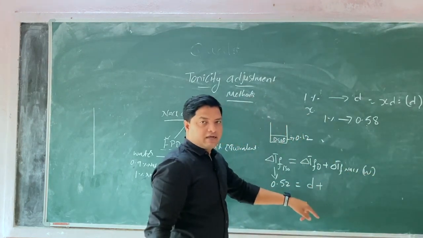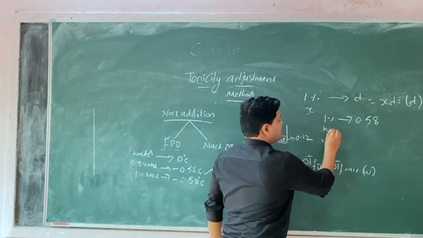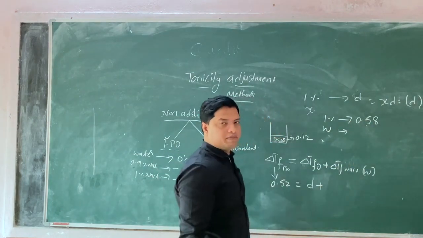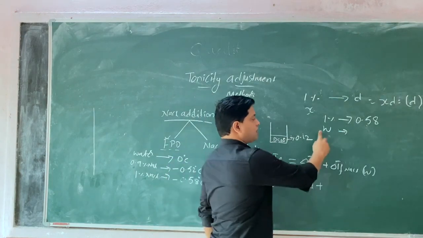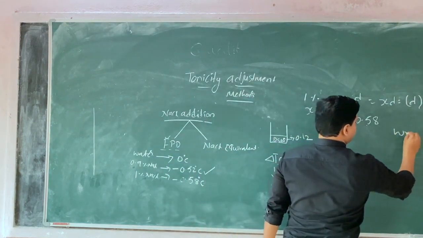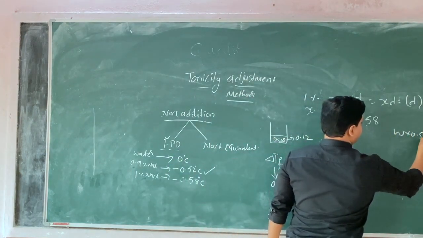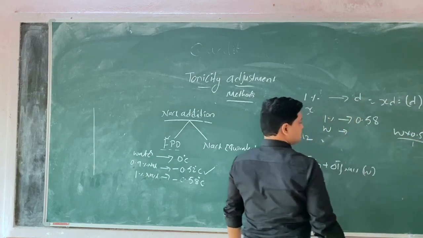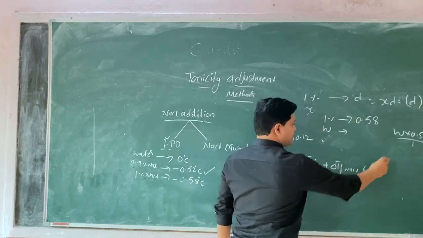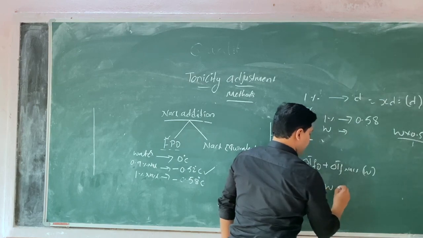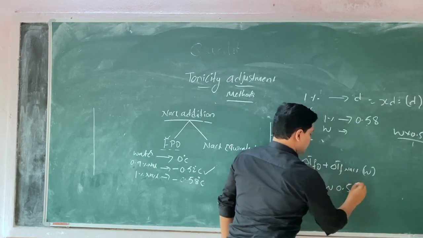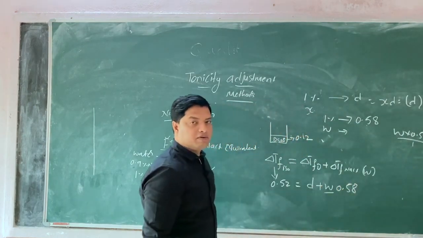That's what we need to calculate. So W amount of NaCl has how much freezing point depression? Cross multiply it, you will get W into 0.58 divided by 1. So substitute that. So W multiplied by 0.58. You need to calculate W here.